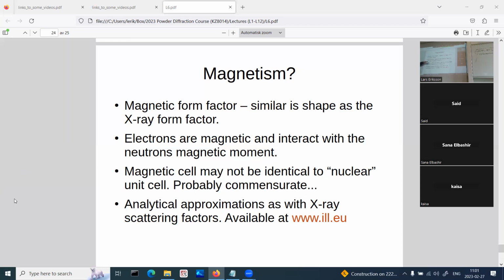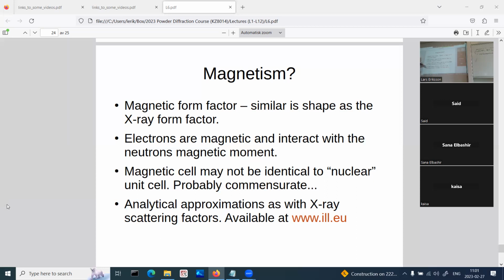This magnetic unit cell may be identical to the normal nuclear unit cell. Probably it could be a factor of 2 or some commensurate relation to the subcell. There could be an overstructure with the magnetic, but very often it is the same as the nuclear.